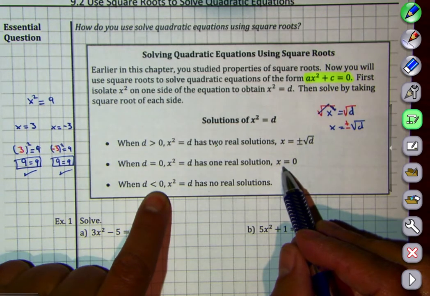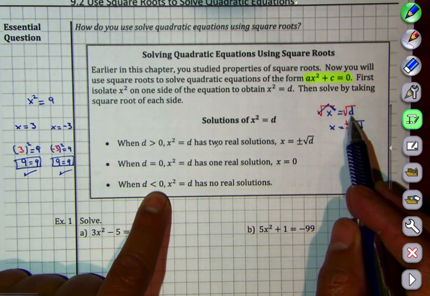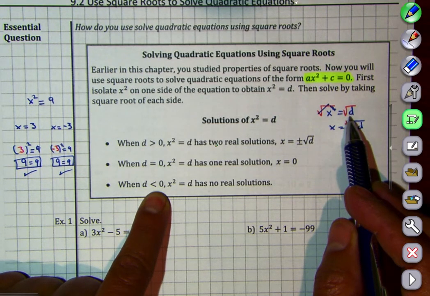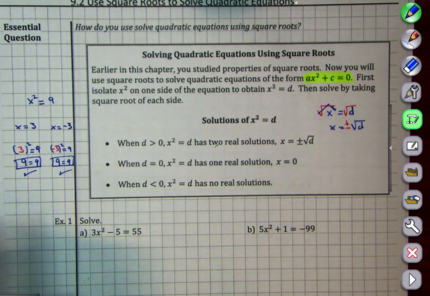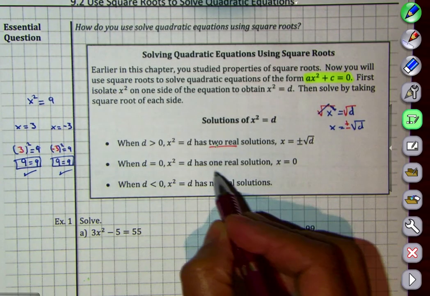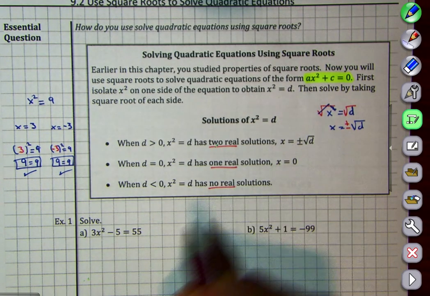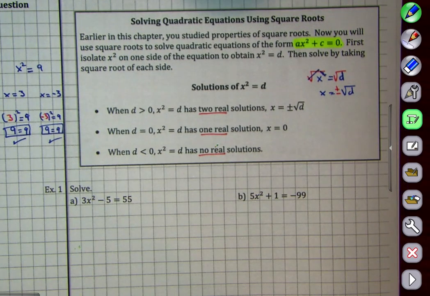And if your value of d is negative, remember, we cannot take the square root of a negative number, so therefore it has no real solutions. Notice that we haven't talked about how many real solutions we have, and we're going to do that in this chapter, the difference between no real solutions and a solution. But you will cover that more in Algebra 2.